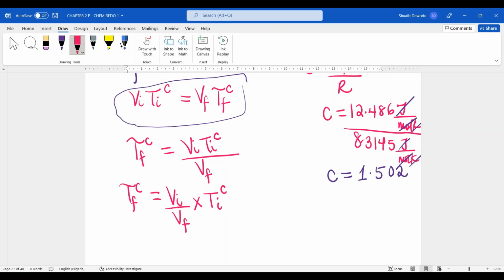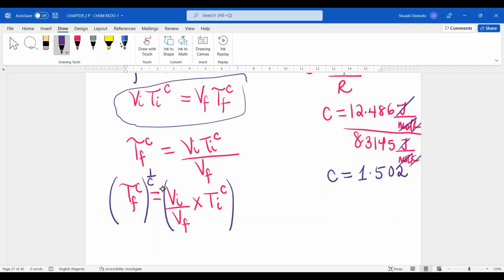Now we have what we need, but I'm going to manipulate this formula further so that it's easier for us to work with. We raise both sides of the equation to the power of 1 over C, using our knowledge of powers in mathematics.